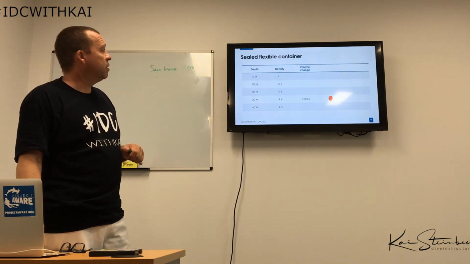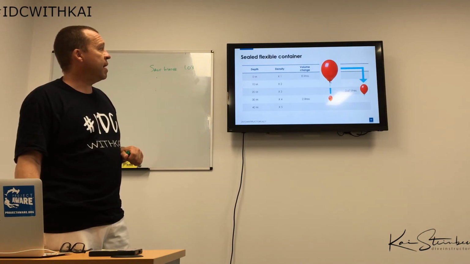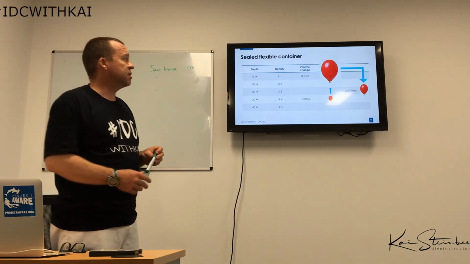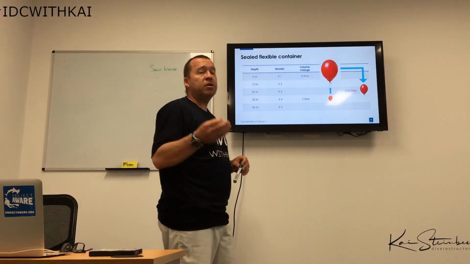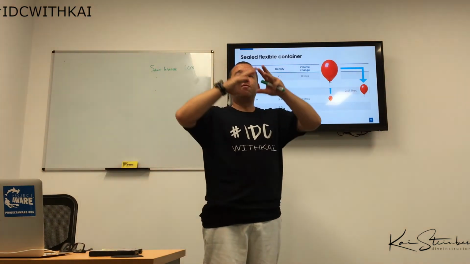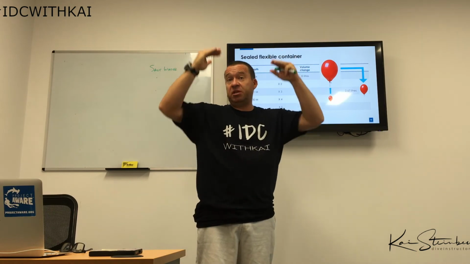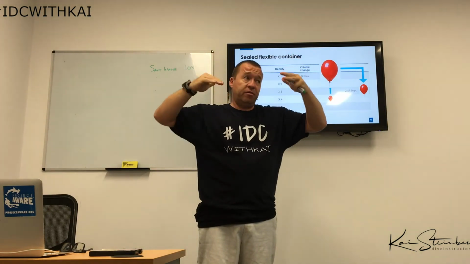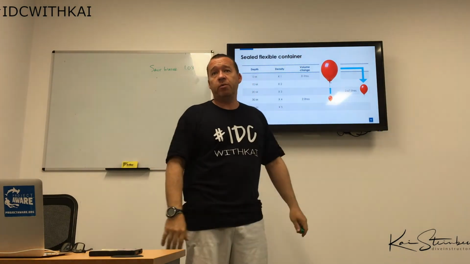If I look here, 2 liters at 30 meters, bring it to the surface is 8 liters, and then bring it back down to 20 meters is 2.67 liters. Remember, just a short while ago, I said the biggest volume change happens obviously in the first 10 meters, or even in the first 5 meters, or the first meter, whichever you want to look at it.